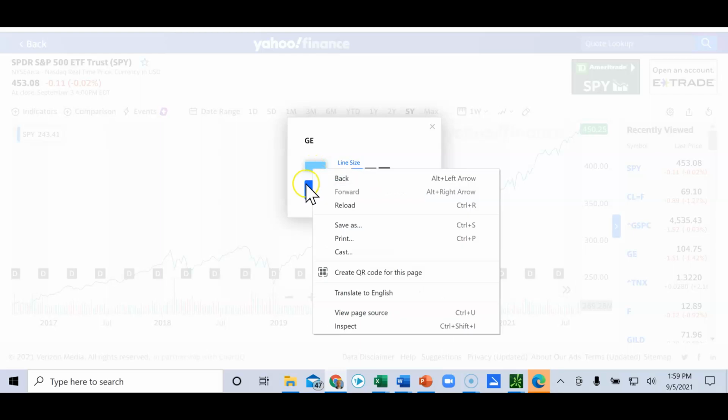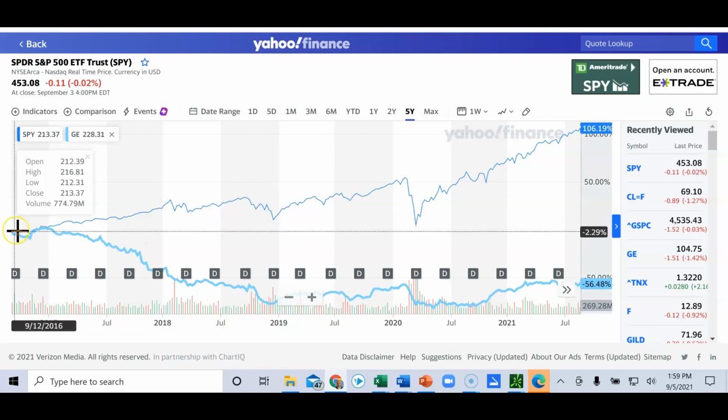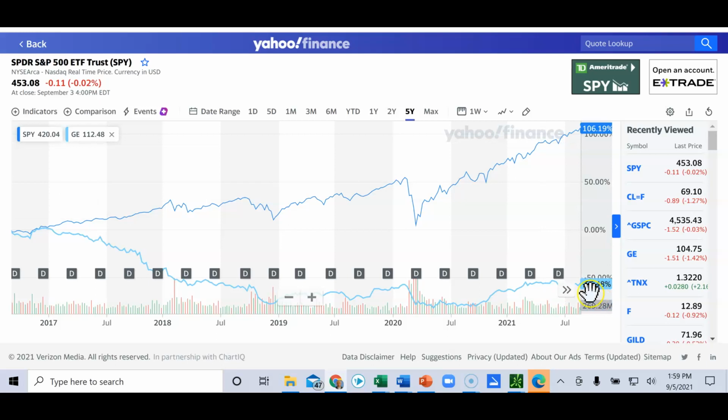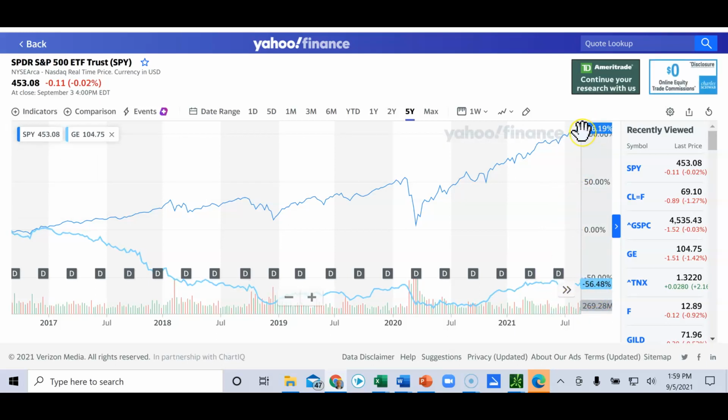You can see that if somebody had invested in GE 5 years ago as a single stock, they would have lost 56%. This is the light blue line on the bottom. Whereas if they had invested in a broad-based fund that has 500 companies, they would have gained 106%.